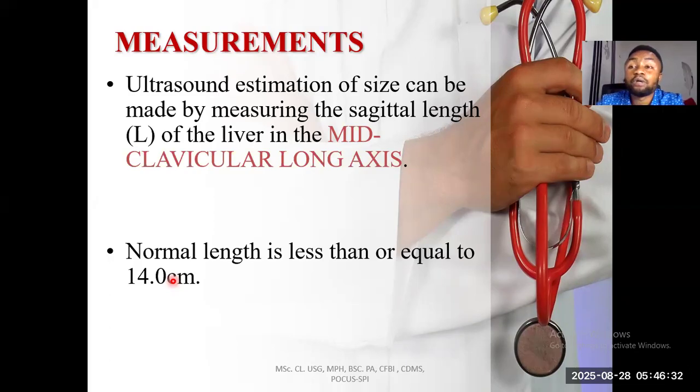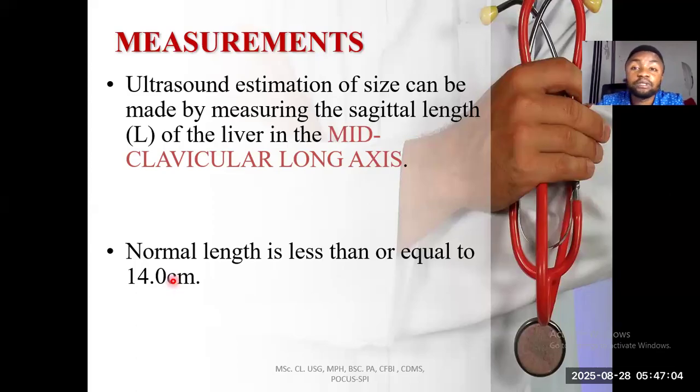But if you are a tall person, and also a bit robust, fleshy, we expect that mostly the height is very important when it comes to liver size. So if you are tall, especially the men, we expect that your liver will go beyond 14. But no matter how tall you are, it shouldn't go beyond 15.5.